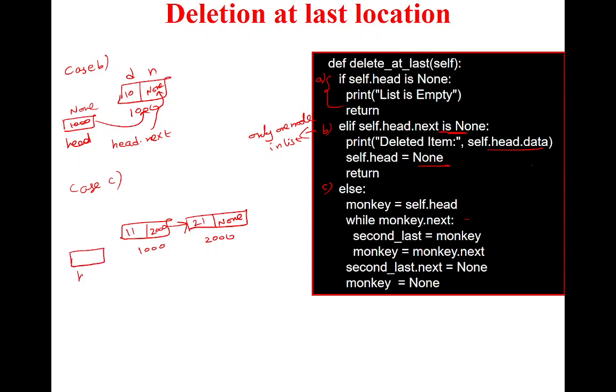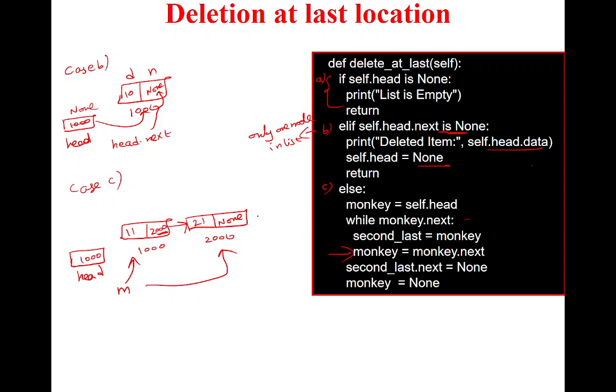Here head is having 1000. If it is so, we have to use the monkey concept. Until we find the last node, the monkey should go. The monkey will initially be in this part. It will check if monkey dot next is valid. If it is valid, then the monkey will jump into the next node in this line.